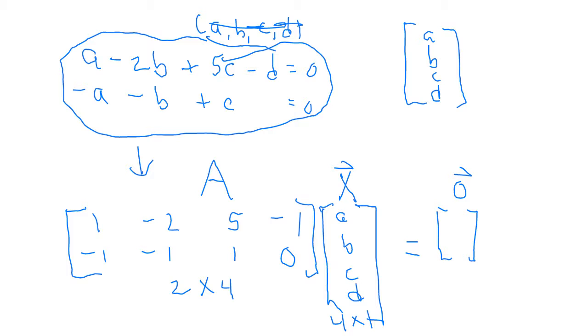Good. 2, because we are taking a 2 by 4 and multiplying it by a 4 by 1 vector. So this has to be 2 by 1.